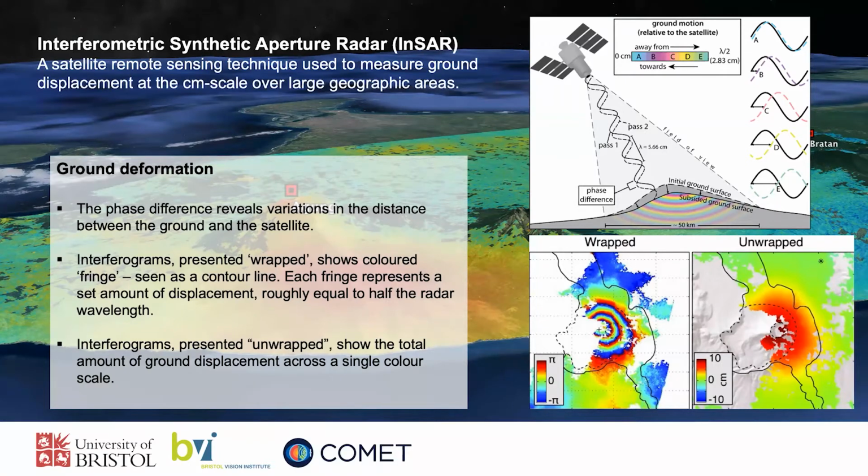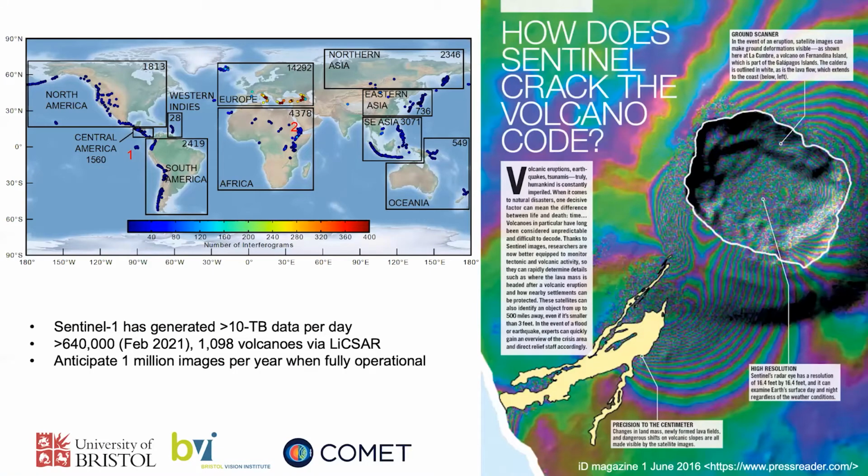So what happens is that we use a satellite, which means we can monitor ground change, particularly in the volcano case around the globe, particularly in remote areas where ground-based systems are not available. As you can see from this world map, we operate the COMET LiCSAR system. They acquire lots of InSAR images, which are called interferograms, around the world.